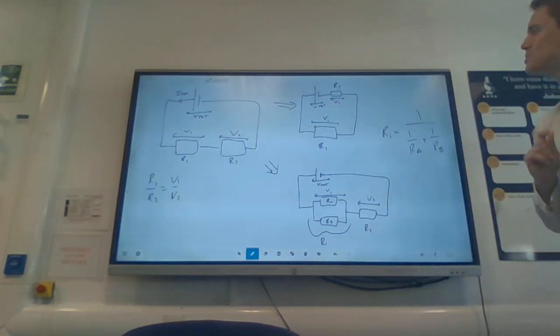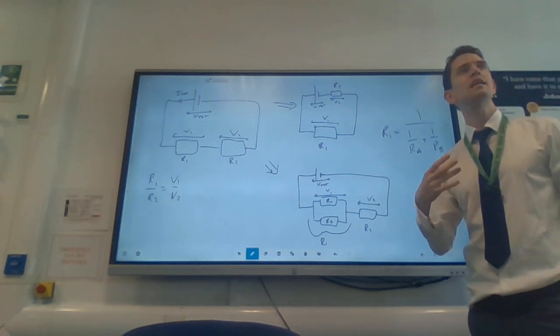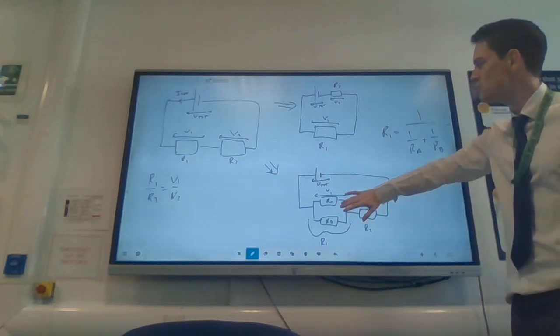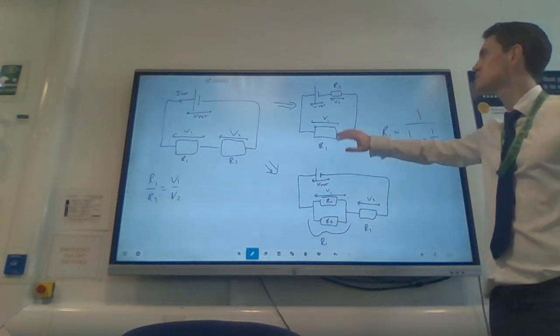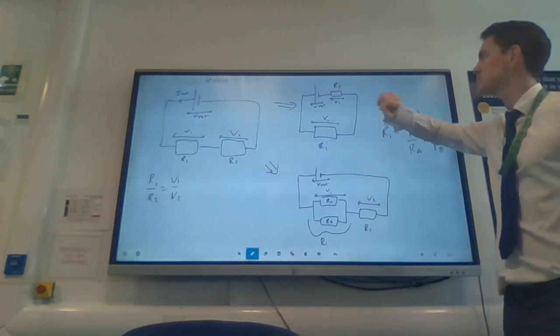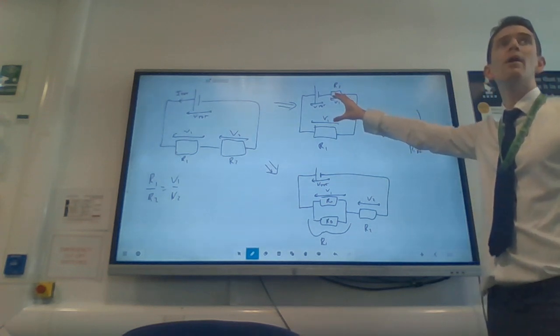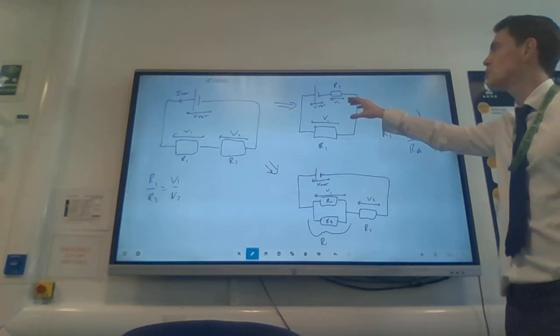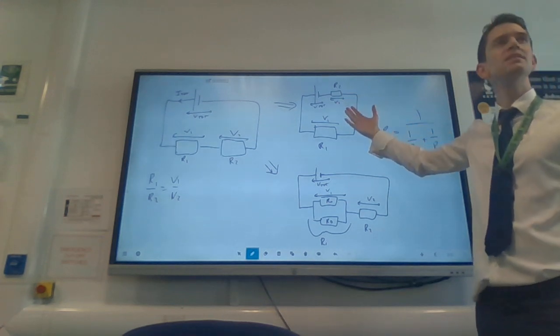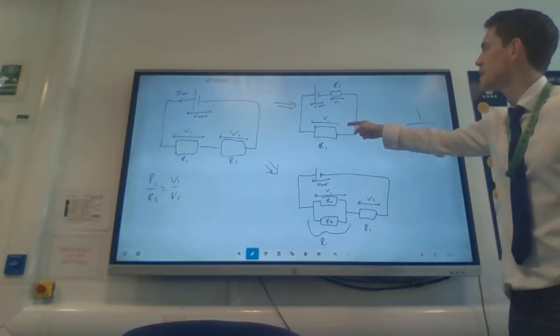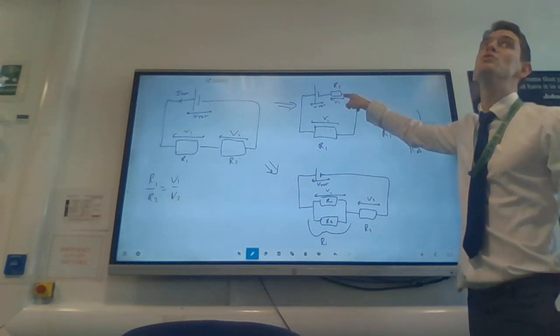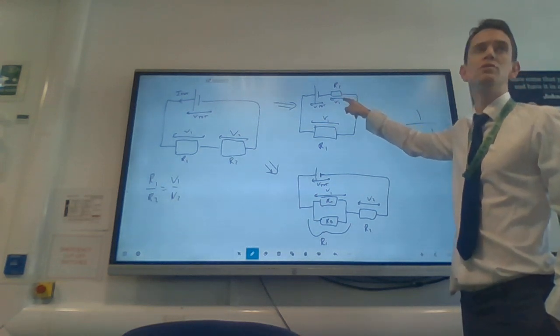And when they ask you to do explanation questions, the explanation questions are almost always on something like this or something like this. If it's something like this, they want you to talk about how the current is going to increase or decrease, and that's going to affect V2, which they're going to want you to call lost volts.